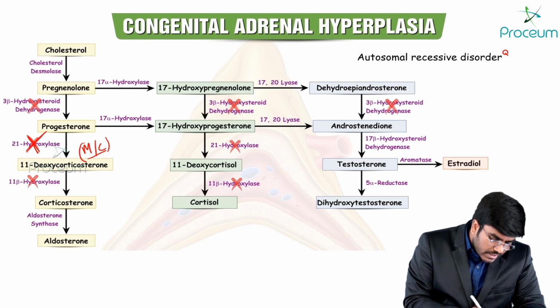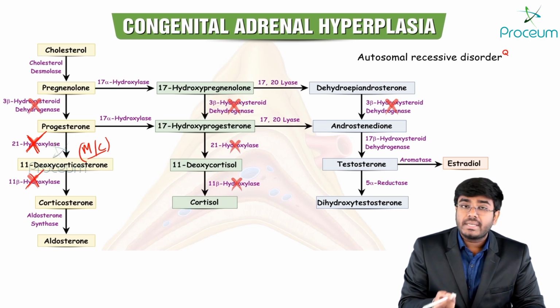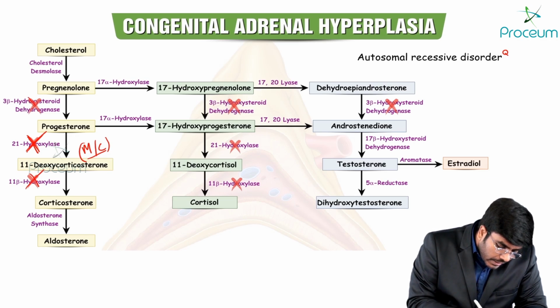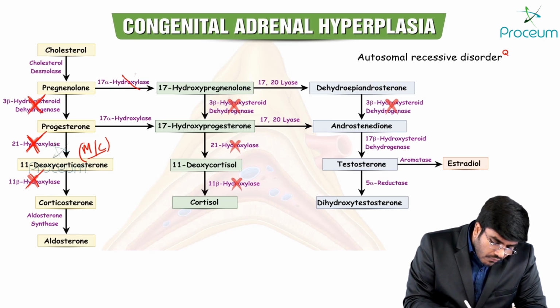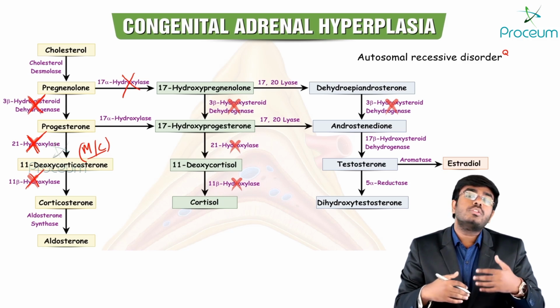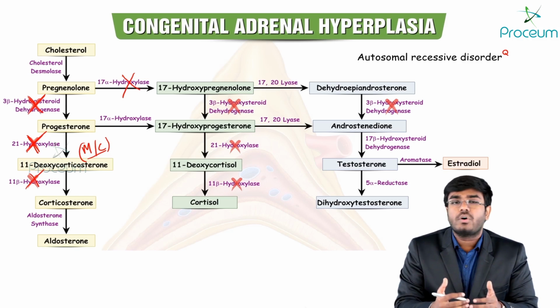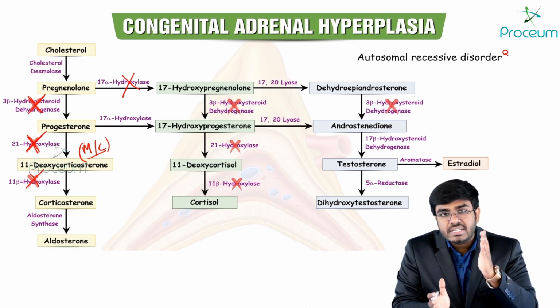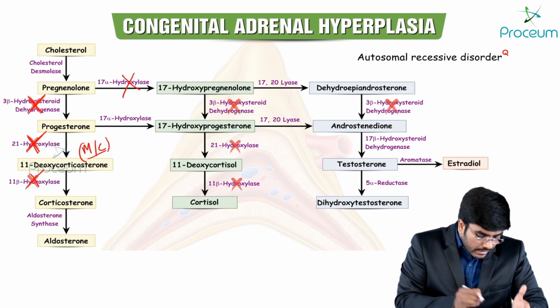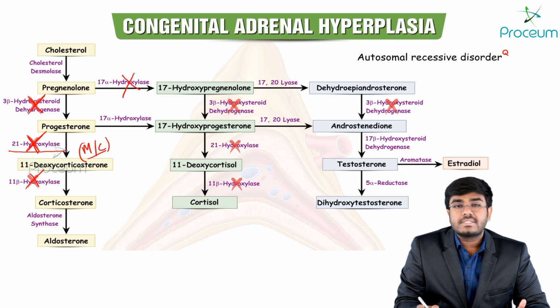But deficiency of 11-beta hydroxylase, 3-beta hydroxysteroid dehydrogenase and 17-alpha hydroxylase can also cause different forms of congenital adrenal hyperplasia. But the most common is 21-hydroxylase deficiency.